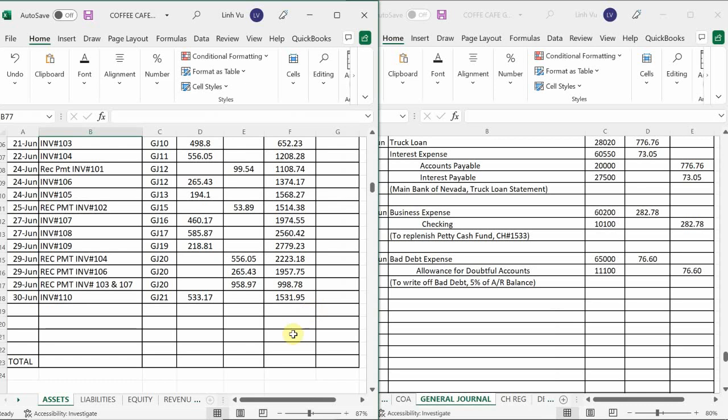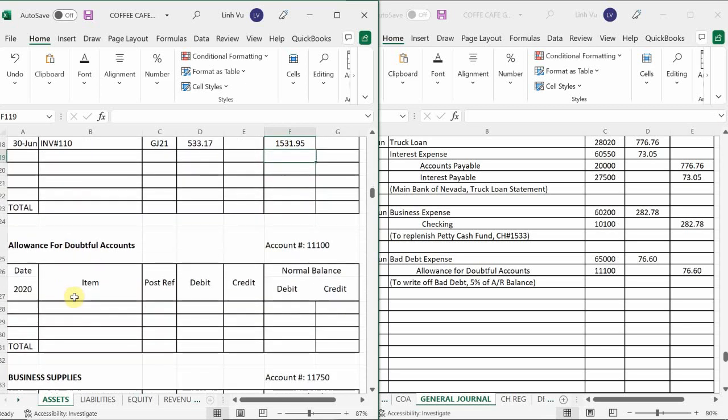So right now, this is the balance that I currently have in my accounts receivable. However, I need to fill in my allowance for doubtful accounts, because again, this is a contra account. I didn't move my amounts in there because people still owe me this amount.